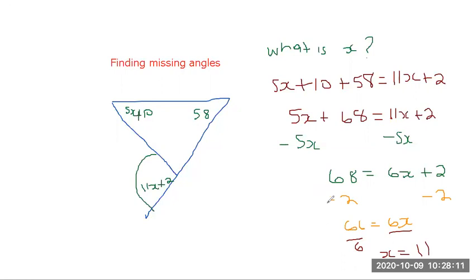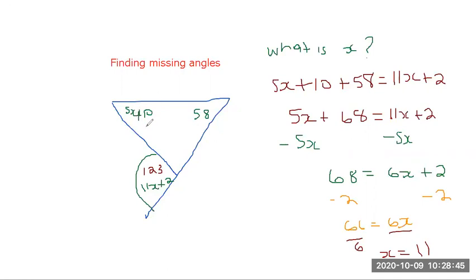Now we got to put x back in, because they didn't ask us what is x, they asked us what's the exterior angle. So we got to take x and put it back into our exterior angle. So we do 11 times 11, which is 121, plus 2. So this angle is 123. Let's work this one out.